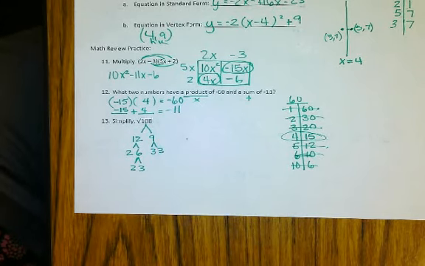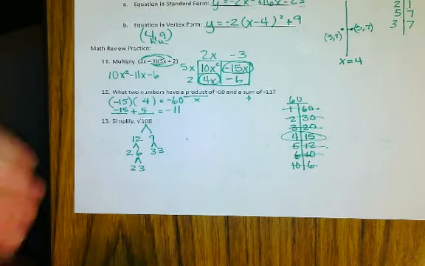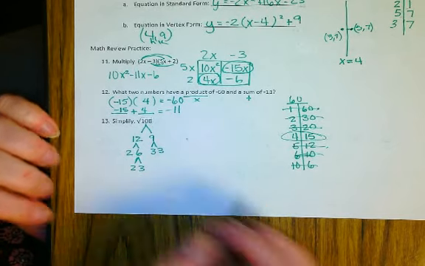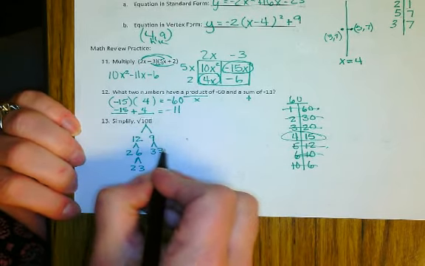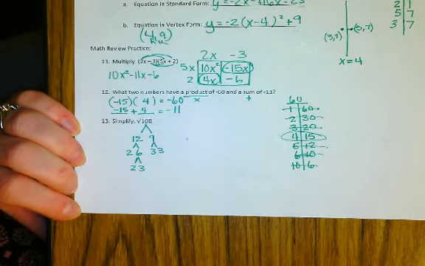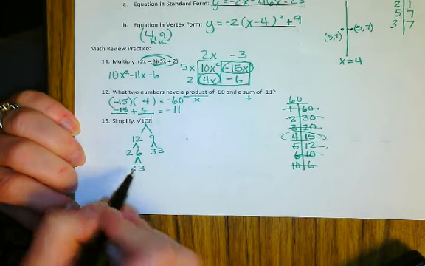Okay, and now I'm going to start grouping what I have. So here, I notice I have one group of 3, and I have one group of 2 here.